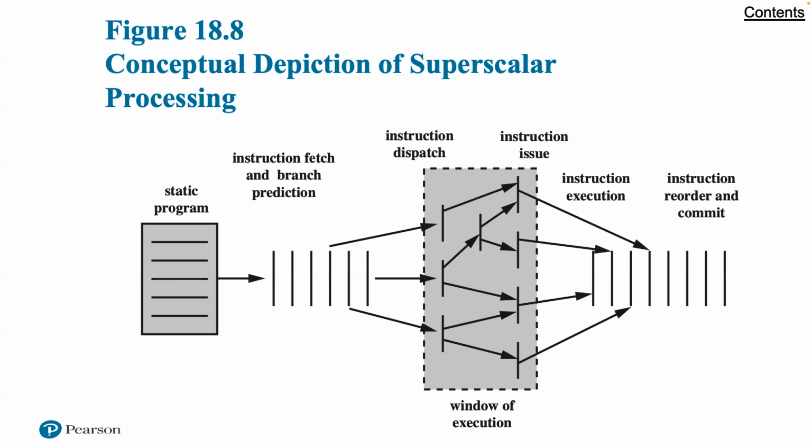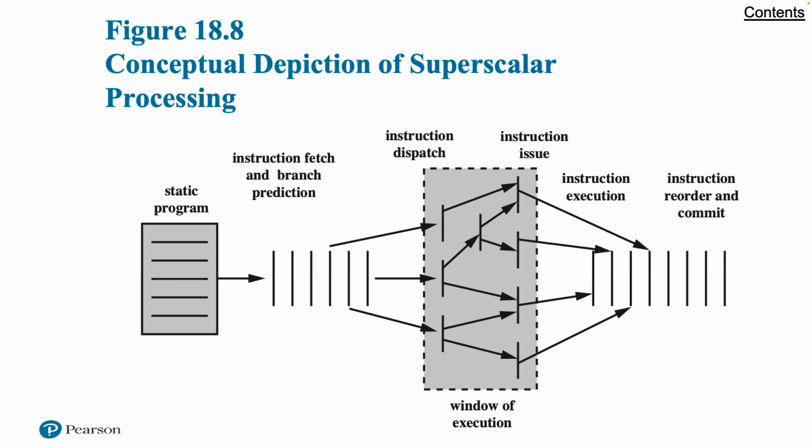The processor executes each instruction in an order determined by the true data dependencies and hardware resources available. Finally, instructions are conceptually put back into their sequential order and the results are recorded. The final step mentioned in what we just discussed is referred to as committing or retiring the instruction.